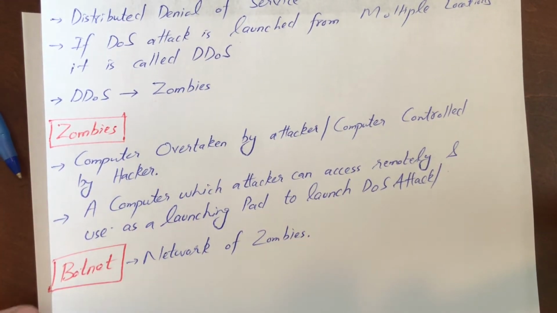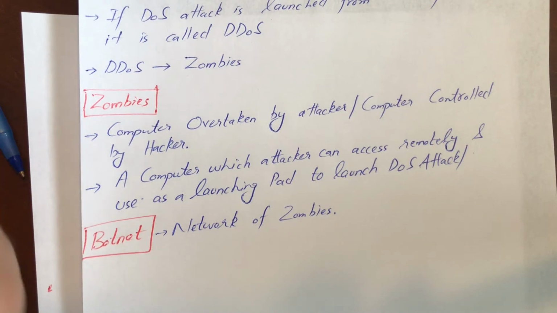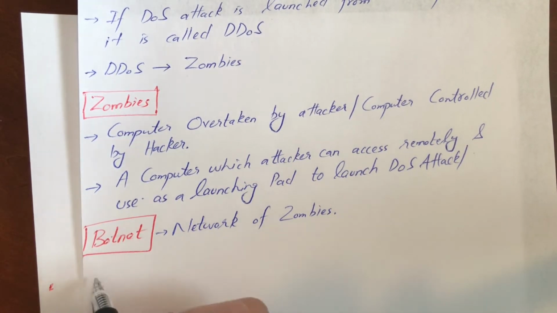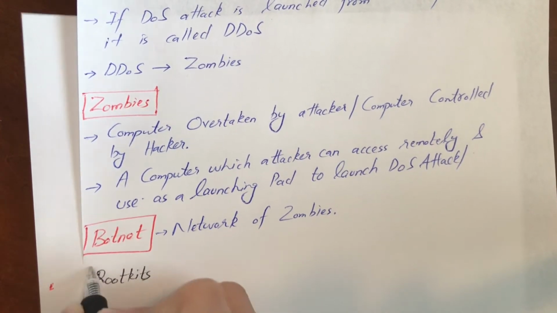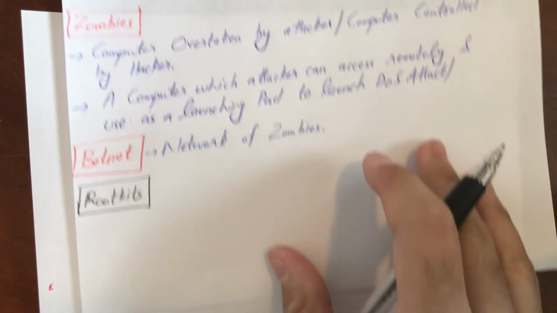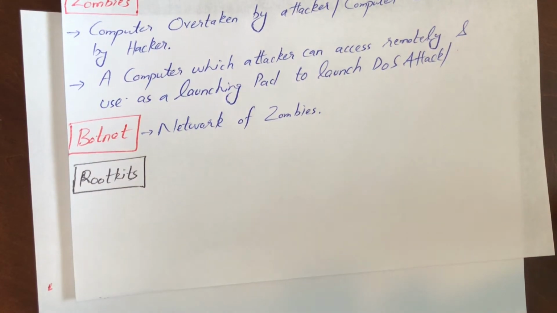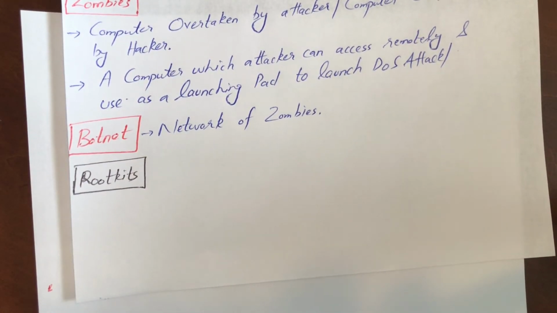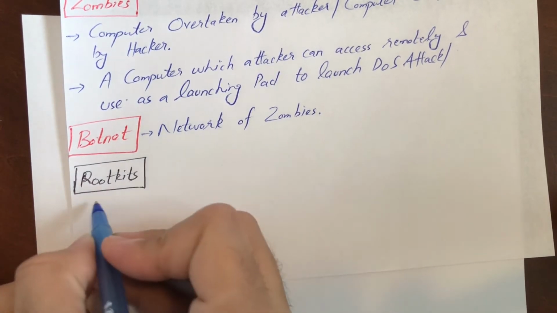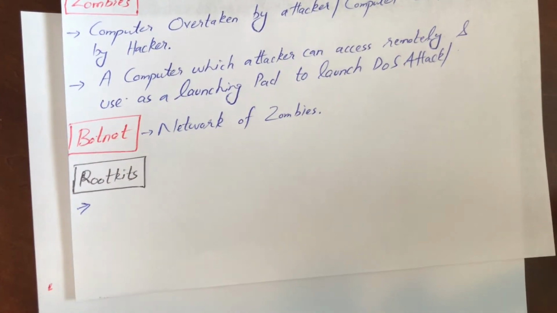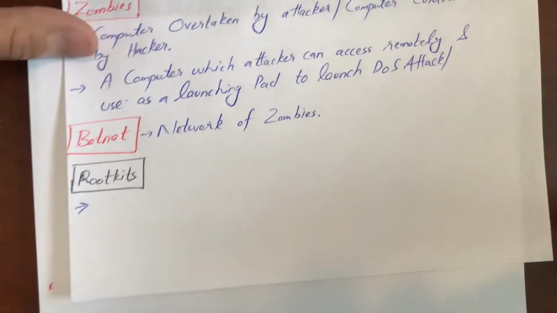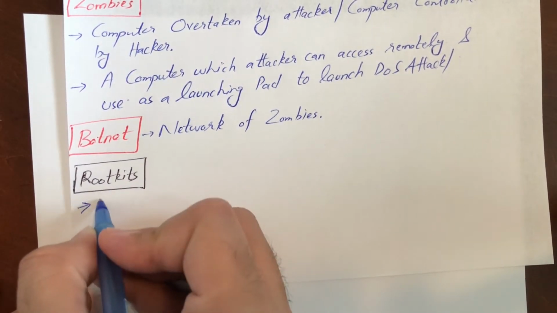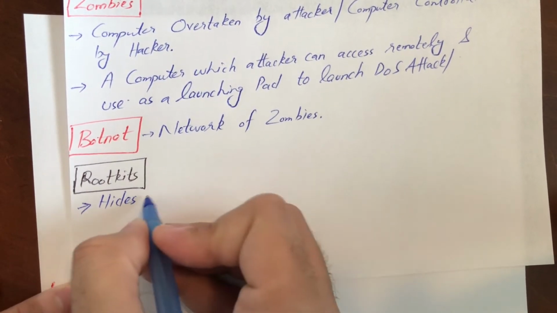Let's come back to our malicious software. The next in the row is the Rootkit. A Rootkit is a newer kind of malware which is becoming very common nowadays. If you have a Rootkit in your computer, please remember one thing: a Rootkit can never be deleted. You cannot take off or delete the Rootkit even with a good antivirus.